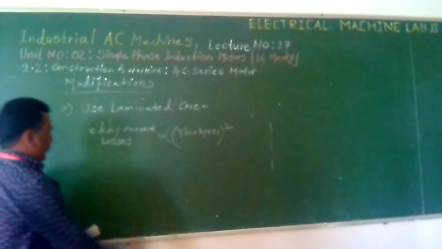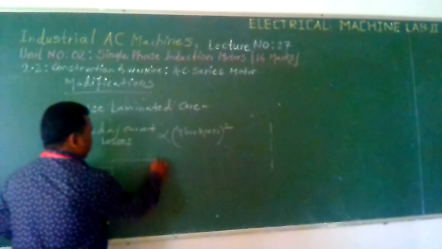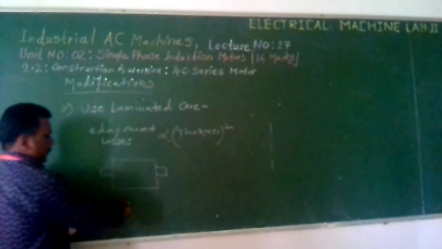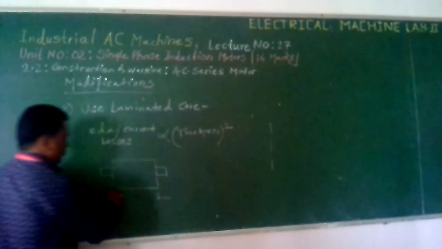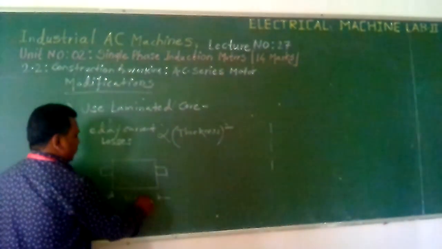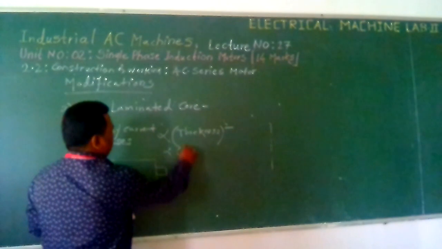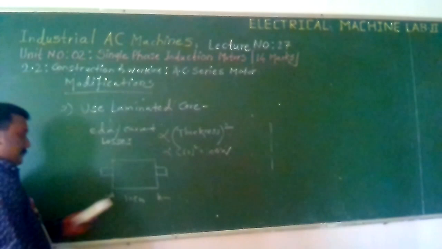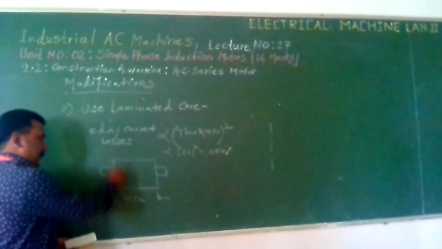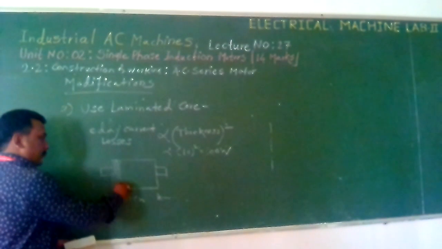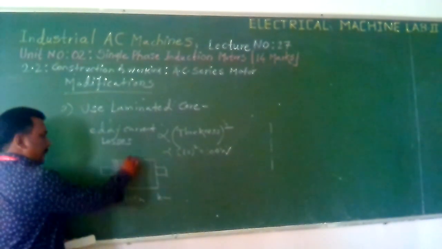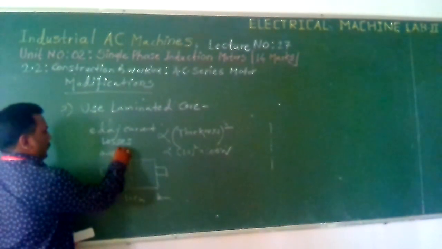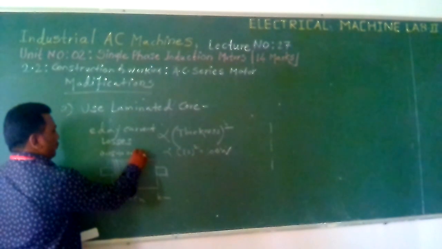Say if we are using an armature like this, and its thickness is 10 centimeter, then 10 squared is equal to 100 watt of eddy current losses. But instead of this, we use thin laminations like this, where each lamination is 0.05 to 0.25.